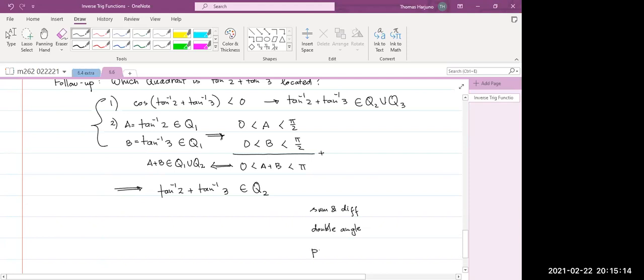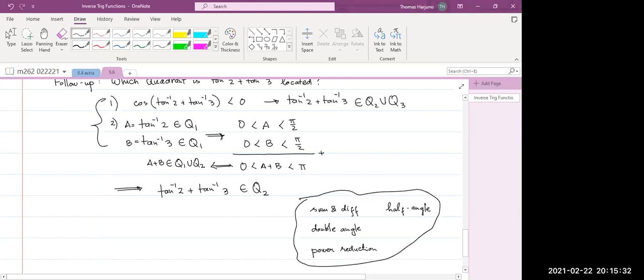And then power reduction. Half angle formula. Memorize these formulas. There are two more groups, but this first. In the next 2 days, you need to memorize this first.